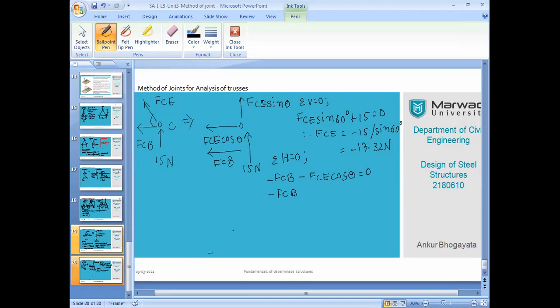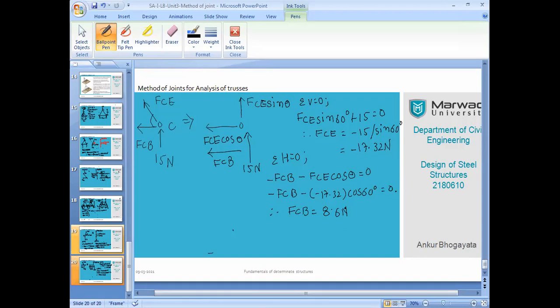So FCB minus 17.32 cos 60 equals 0. So it will give me 8.66, the earlier answer. Tension. Is it fine? Done? Matching with your answers.